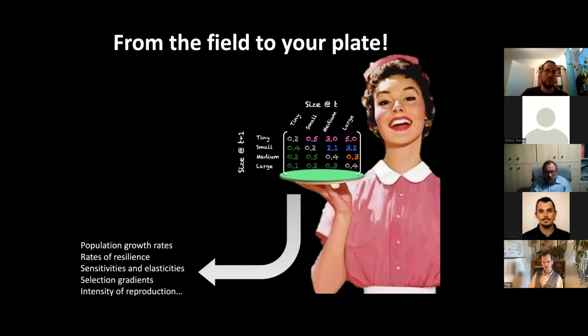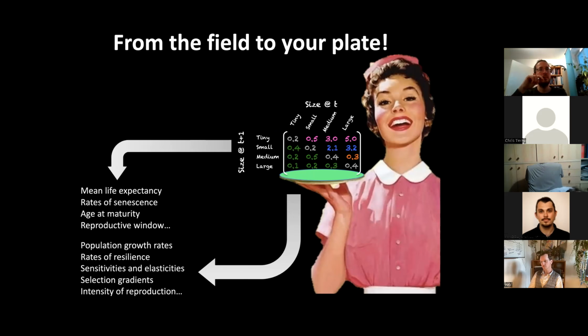These demographic approaches have become really popular in population ecology. Part of the reason is that they're relatively amenable to parameterization with a relatively low degree of expertise. But in addition to how relatively easy they are to work with, they also provide a really long list of demographic properties that one can derive, both population level properties like population growth rate, rates of resilience, sensitivities, etc., but also those life history traits that I was just talking about.